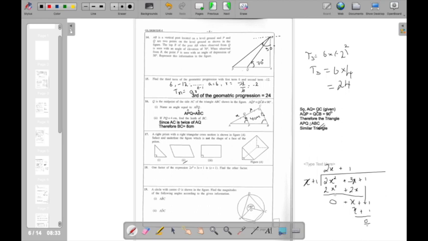Therefore you obtain the other factor for this expression by dividing like this. This is a very easy sum.